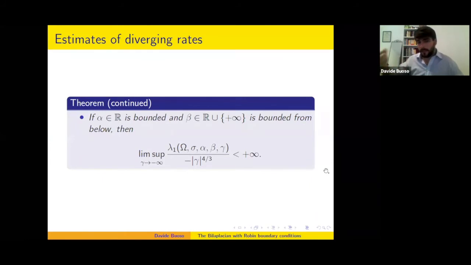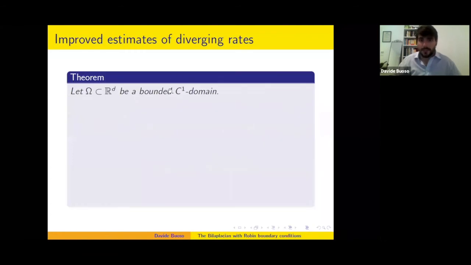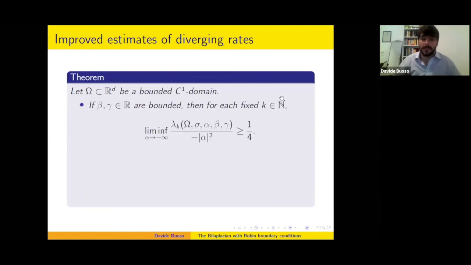So if we increase a little the regularity of the boundary, so we consider C1 domains instead of Lipschitz, we have a better understanding, and we see that in this case we have also an estimate from below of the rate of divergence.